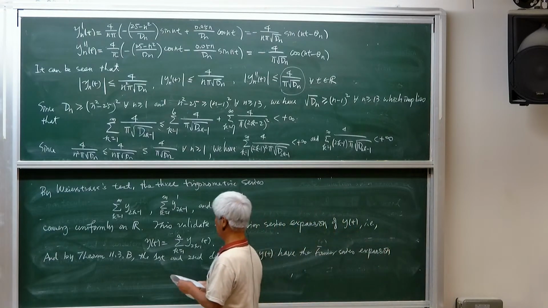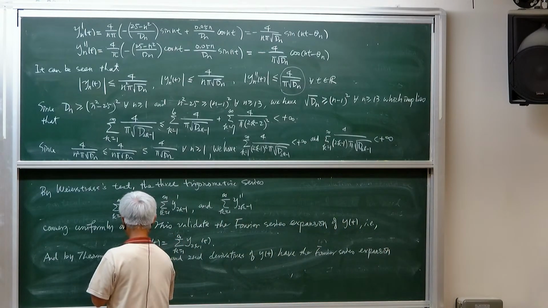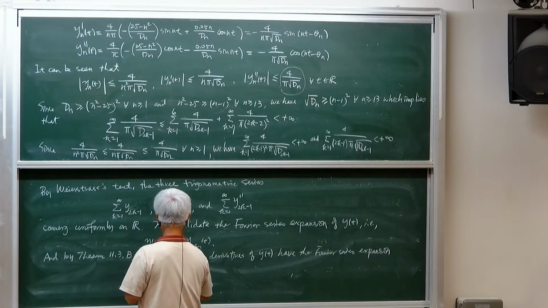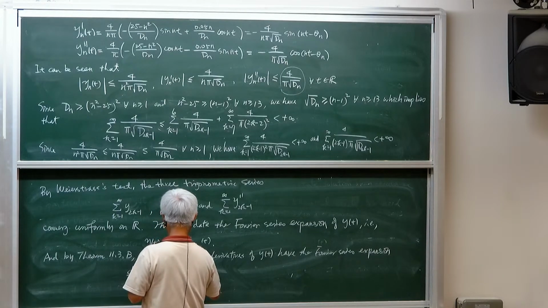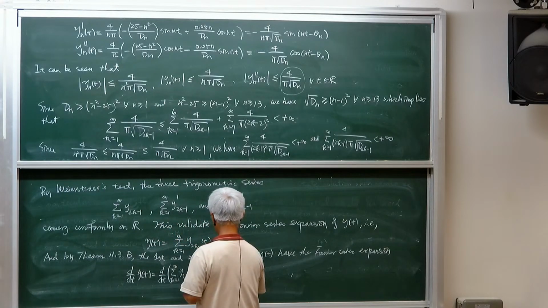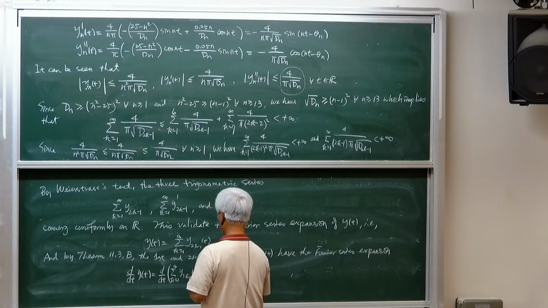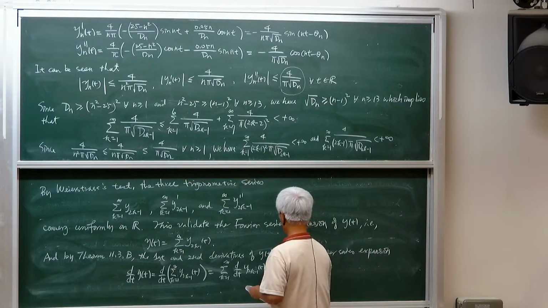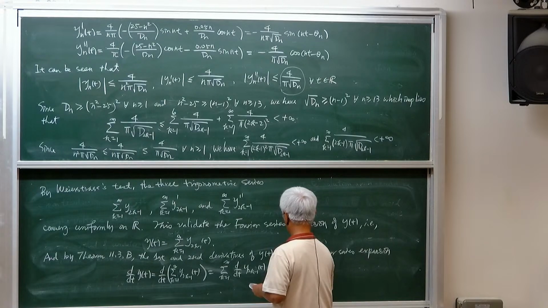So the derivative d/dt of y(t), which is d/dt of the summation k from 1 to infinity of y_{2k-1}(t), we can exchange them: the sum over k from 1 to infinity of d/dt of y_{2k-1}(t), which is equal to y'_{2k-1}(t).